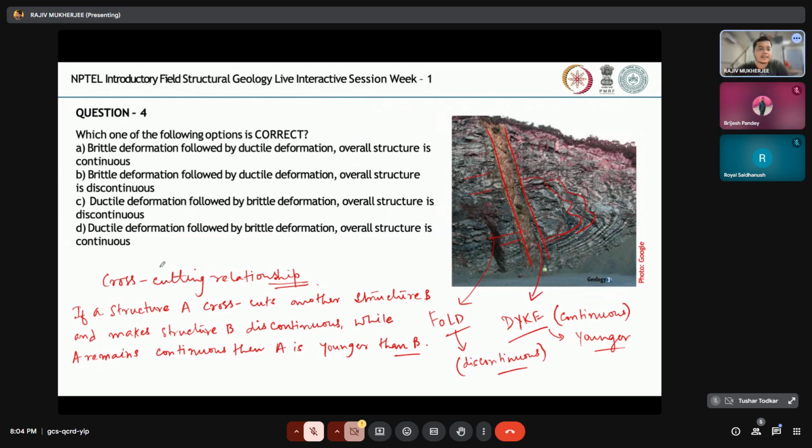So since the fold is a ductile deformation, that means it is obviously older, and then the brittle deformation. Okay. So then the dike is younger, which means it will be followed by the fold, right?